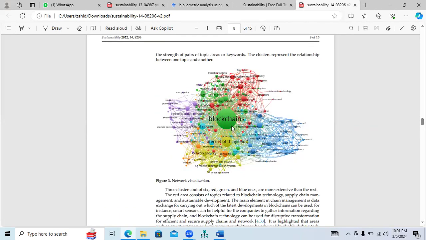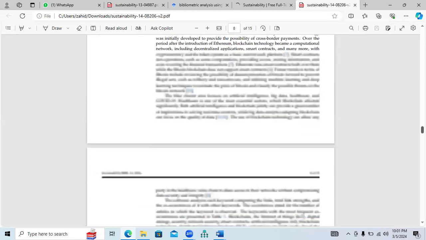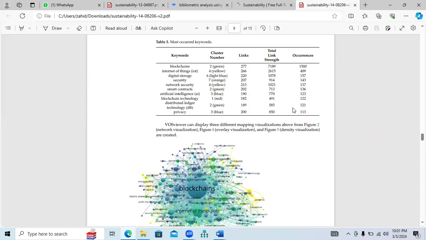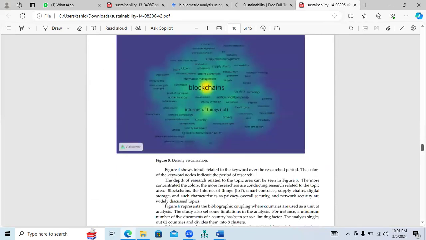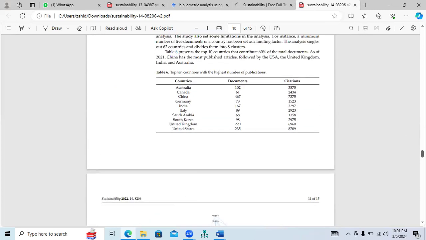It indicates that blockchain is the major keyword in this domain, and you can also see that there are different clusters where this research is being made. There are different words along with blockchain, which is the most highlighted word among these keywords.